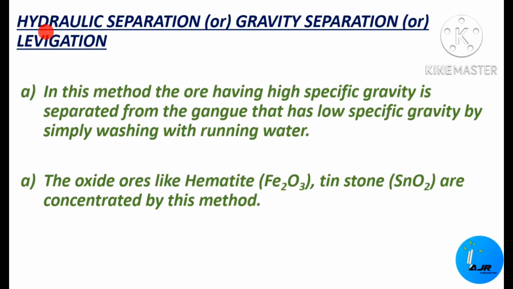So first let us see the hydraulic separation or gravity separation or levitation. Before concentration, the ore in the form of lumps is first broken into small pieces in the jaw crushers. When we take ores from the earth's crust, they are in the form of very big lumps. They are first broken into small pieces in the jaw crushers, and then powdered with the help of a ball mill or stamp mill.